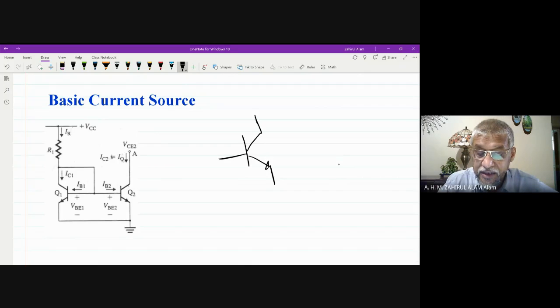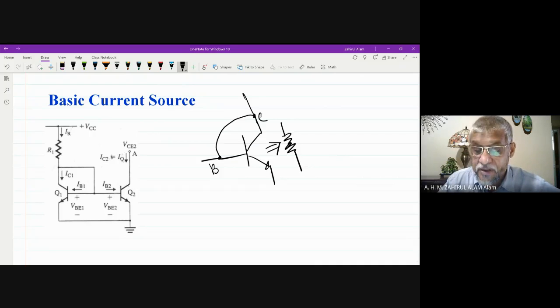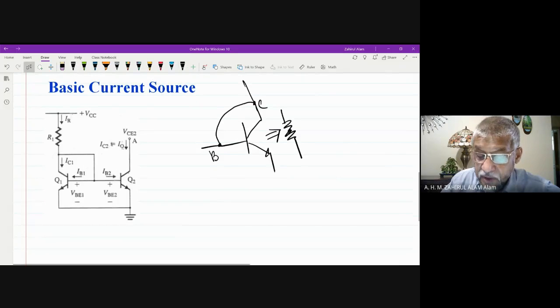Now, if you connect base to collector, then it represents an equivalent resistance. I'm not going through the detailed analysis, but I can show it from the characteristic curves.